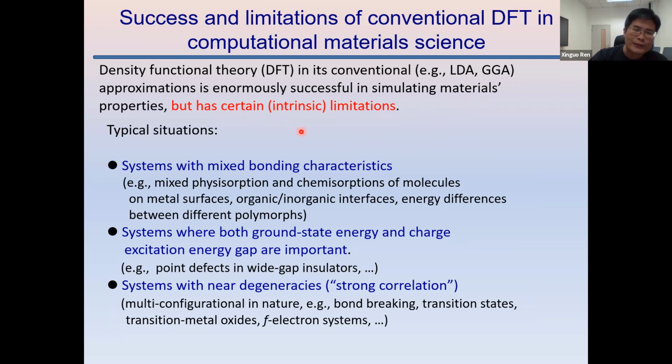But these approximations, as you may know, do have certain limitations. We can list some of them. For example, when you have a system which has mixed bonding character, that means a combination of, for example, metallic bonding and van der Waals bonding, using GGA may not be good enough to get the correct energetics.